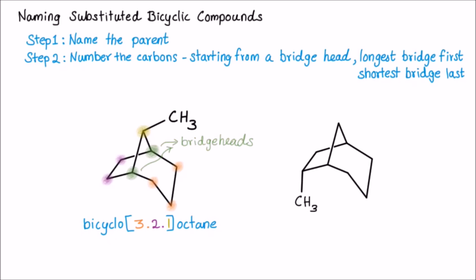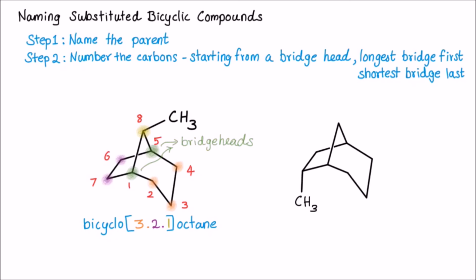We number the carbon atoms from one bridge head to another bridge head. Going counterclockwise, 1, 2, 3, 4, 5, one bridge head to another bridge head through the longest bridge first. Continue the numbers to the next longest bridge, 6 and 7, and continue to the shortest bridge, 8. So there are 8 carbon atoms, starting from one bridge head, going through the longest bridge, then the second longest bridge, and then the shortest bridge.